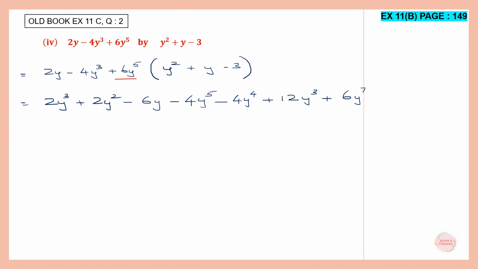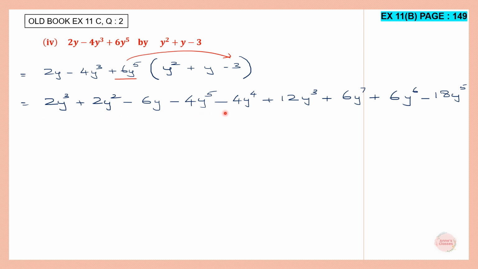Next one, we're going to multiply with just y. So the sign is plus, the number is 6, y to the power of 5 plus 1 is 6. So that is over. Now the last one, we're going to multiply this with minus 3. The sign will be minus. 6 threes are 18 and y to the power of 5. Okay, so we finished this. You need to do this slowly.